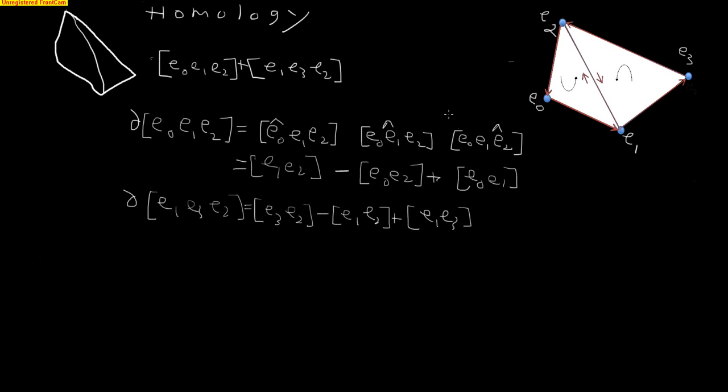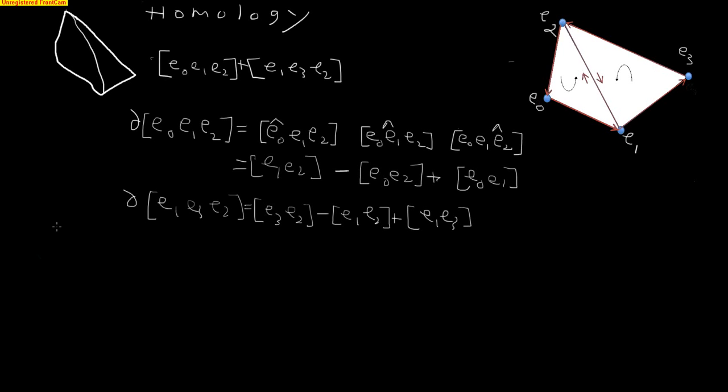And see if we get a consistent boundary here. Let's just start from E3 to E2. Then it says go from E1 to E2, but of course, we have this minus sign, so it really is from E2 to E1, so that's fine. And then from E1 to E3, right? So that gives us this.